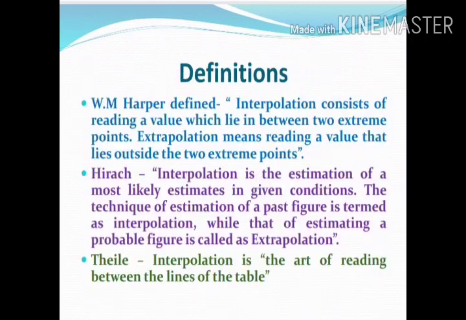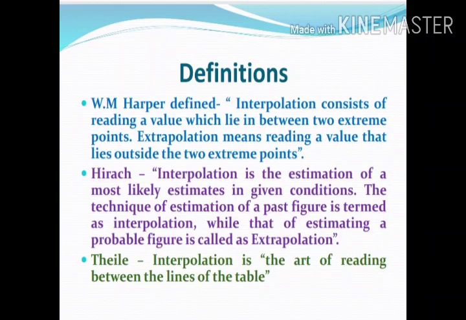Now we'll go for the definition part. I have given three definitions here. The first one, according to Mr. W.M. Harper, he defined interpolation like this: interpolation consists of reading a value which lies in between two extreme points.